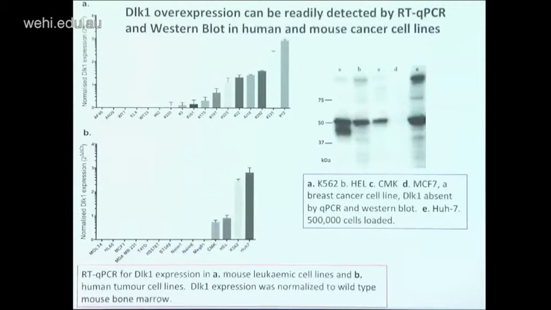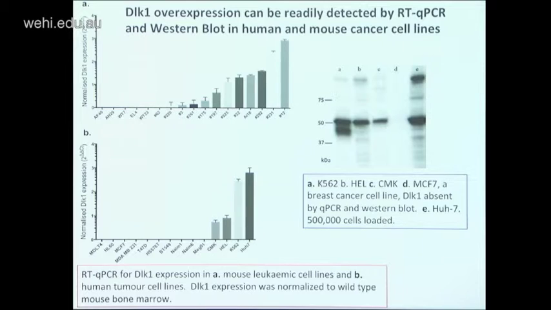To address these questions, I first wanted to confirm that I can reliably detect Dlk1 overexpression in cell lines, and it is actually quite readily detected by both qPCR and Western blot. In murine cell lines, which is the upper panel here, the ones that overexpressed Dlk1 were mainly the T-ALL cell lines from the LMO transgenic mice, and also the B-ALL from the Eμ-MYC transgenic mouse.